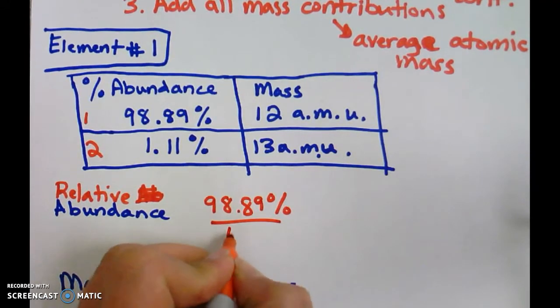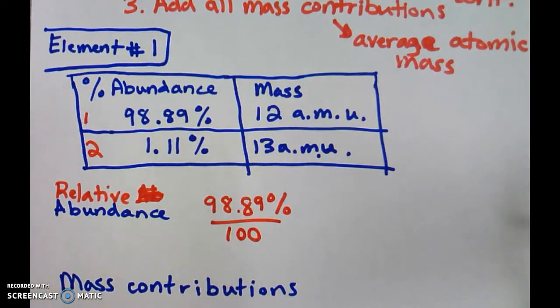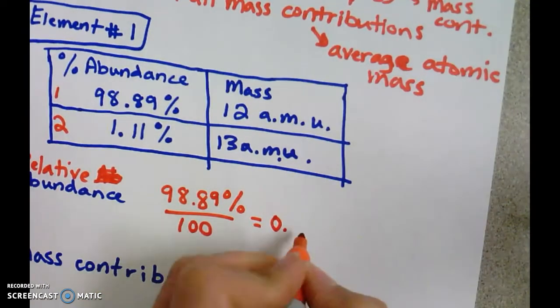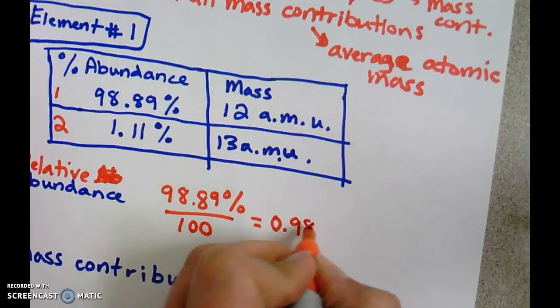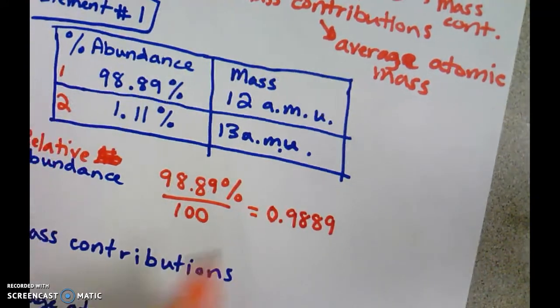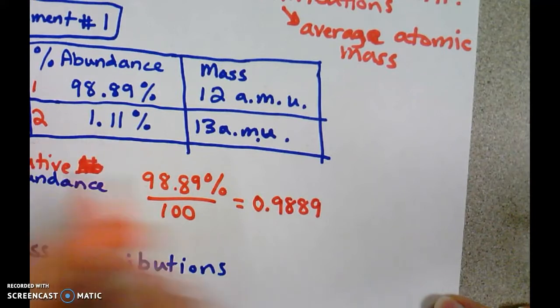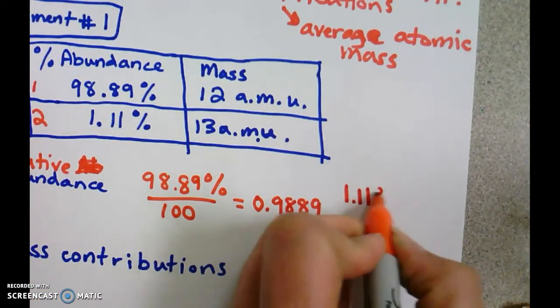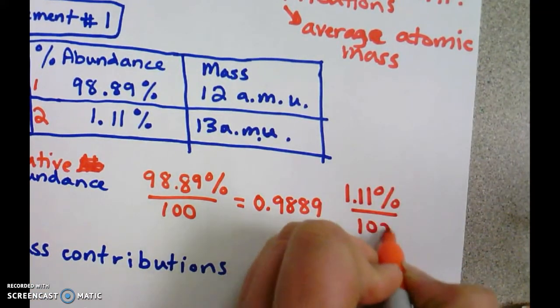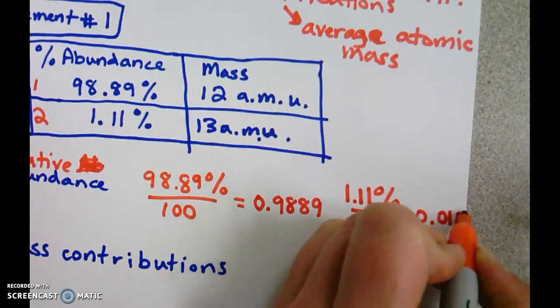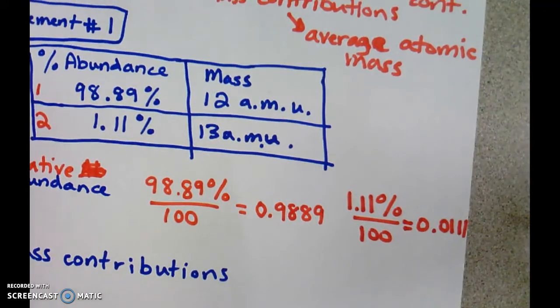I'll divide it by 100. That basically just cancels out my percent, and that gives me 0.9889. I'll do the same thing for my other isotope. I had 1.11%. I'll take 1.11%, divide by 100, and that gives me 0.0111. Okay, these are my 2 relative abundances.